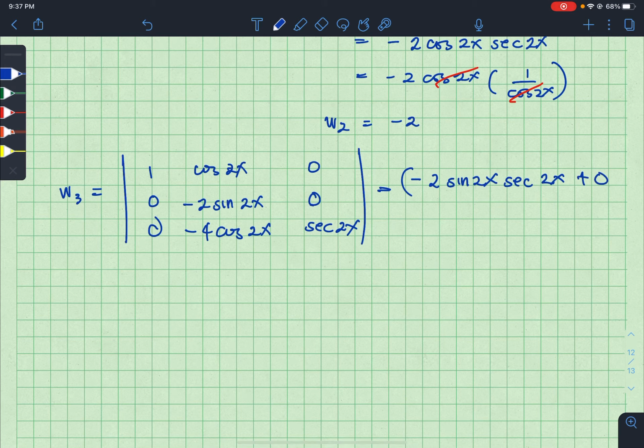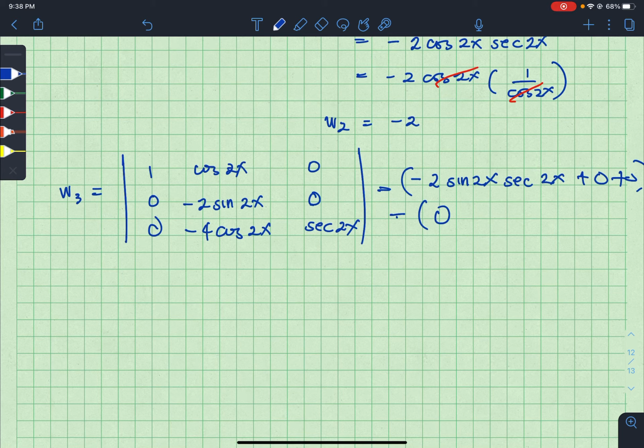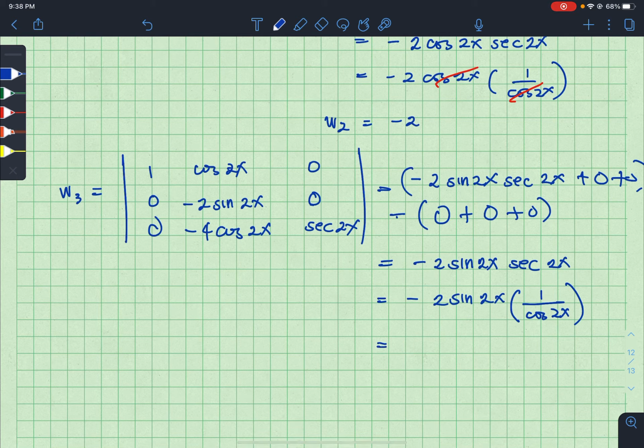And minus, upward is 0 in the middle, the one below is 0, and the one above is 0. So we just have negative 2 sine 2x secant 2x. Again, secant is 1 over cosine 2x, so negative 2 sine over cosine is tangent 2x. So that is W sub 3.